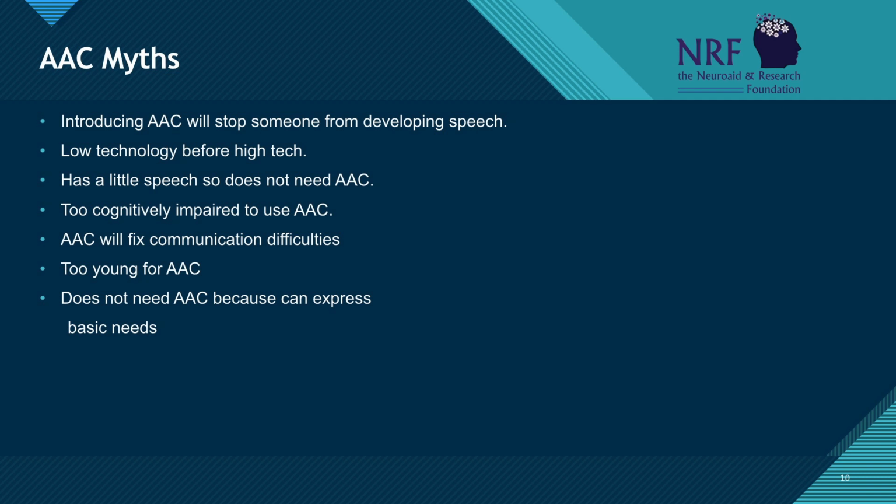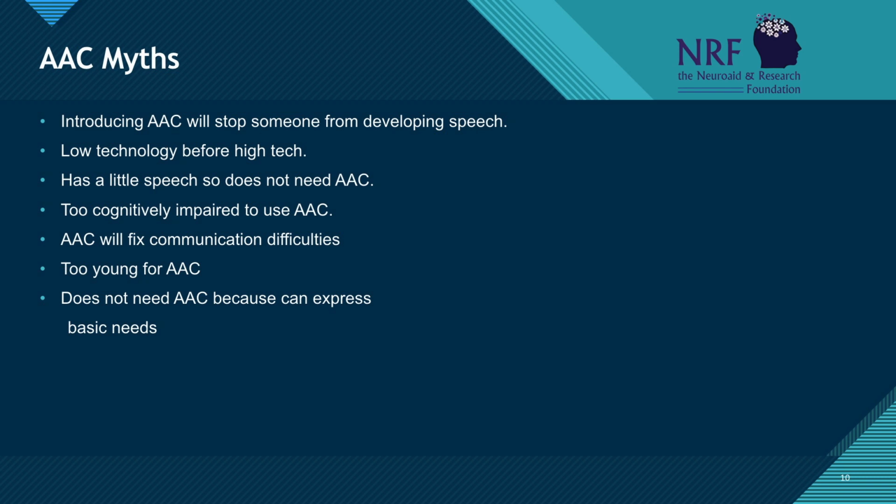Too cognitively impaired to use AAC. For children with cerebral palsy, intellectual disability, autism, and many other disabilities, AAC has been found to help express their functional needs. AAC will fix communication difficulties. No. If you rely solely on AAC, that might not serve the purpose.